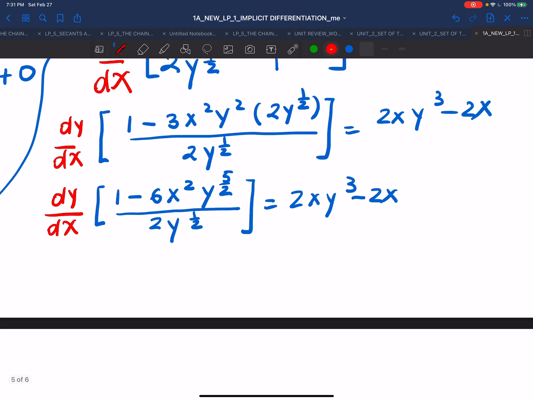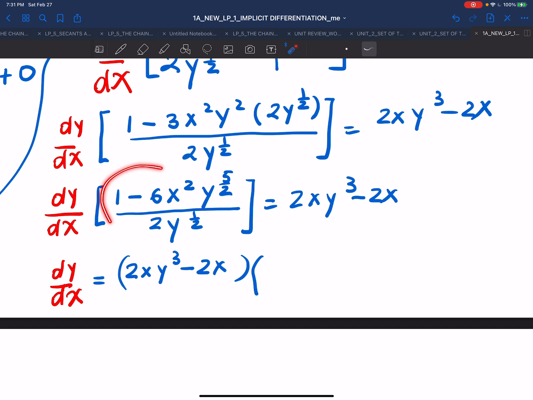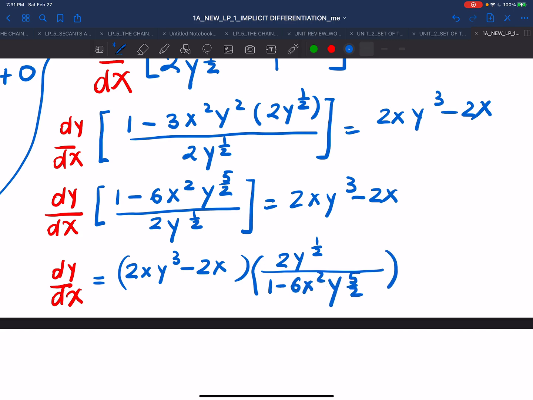And now we're ready to solve for dy dx. We'll say that would equal 2xy cubed minus 2x multiplied by the reciprocal of this coefficient here, or this factor, which is 2y to the power of a half over 1 minus 6x squared y to the power of 5 over 2.